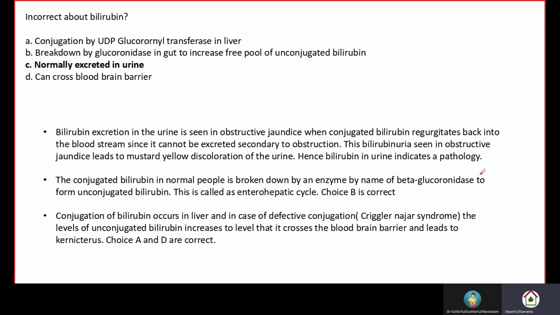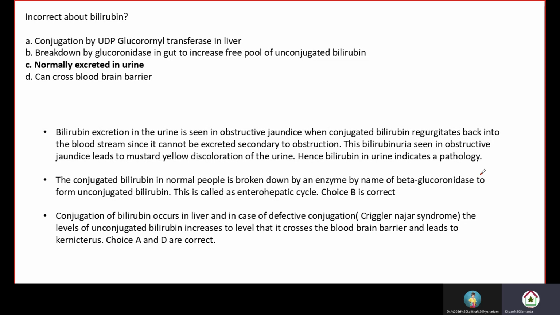It is obviously not normally excreted in urine.